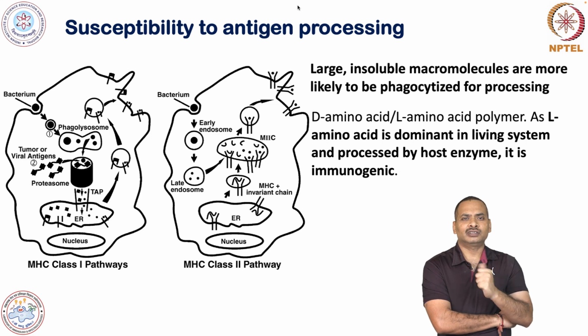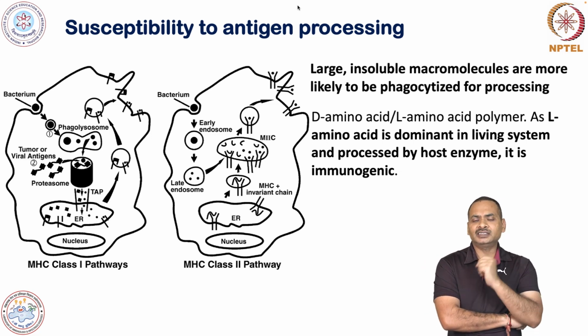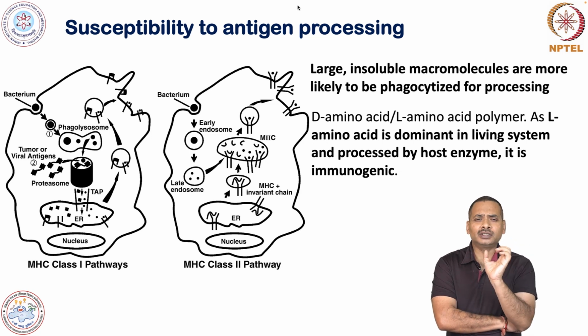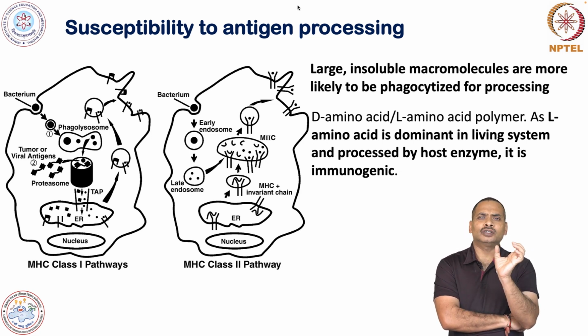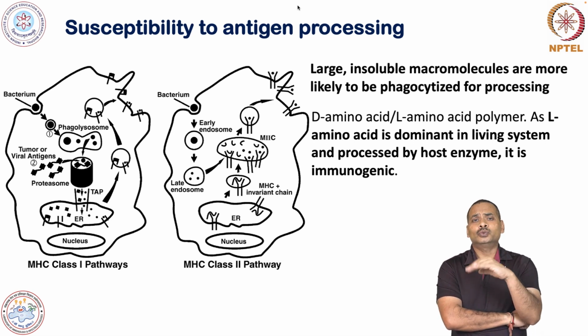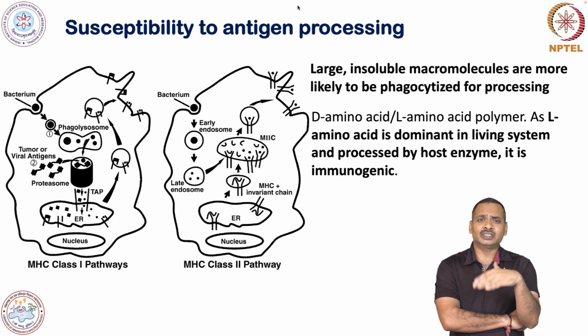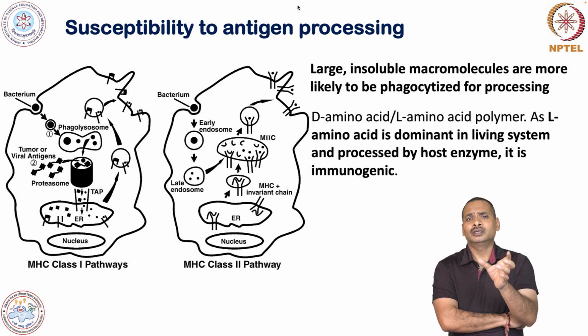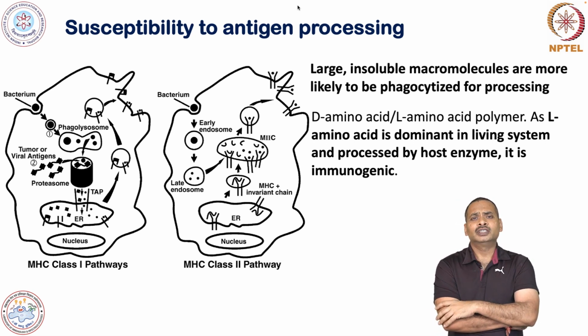You take a mouse or rabbit and challenge this animal with a heteropolymer of D amino acids. When you challenge this animal with a protein composed of D amino acids, what will happen?